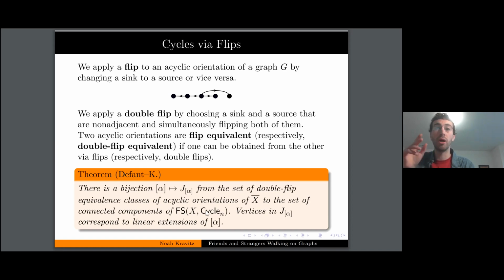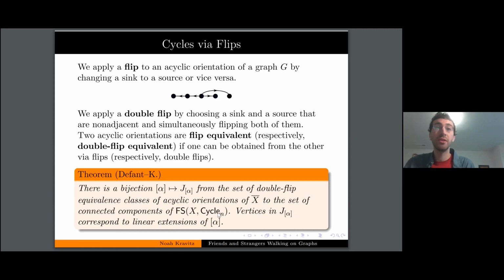Because if you can get from one labeling to another, one configuration to another, using just the edges from the path, well, you can certainly do it with the extra edge that you have in cycle. So the question just becomes when can you get from one acyclic orientation to another using this extra edge between person n and person 1. Okay, well, let's think about this a little bit.